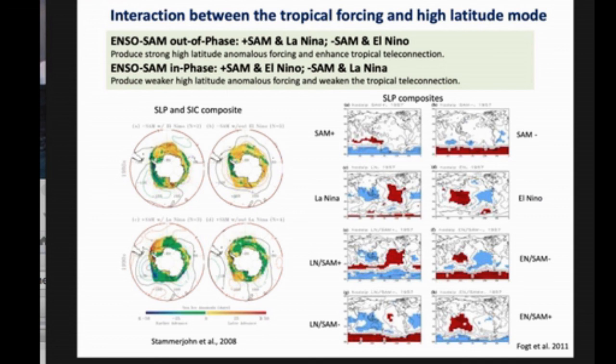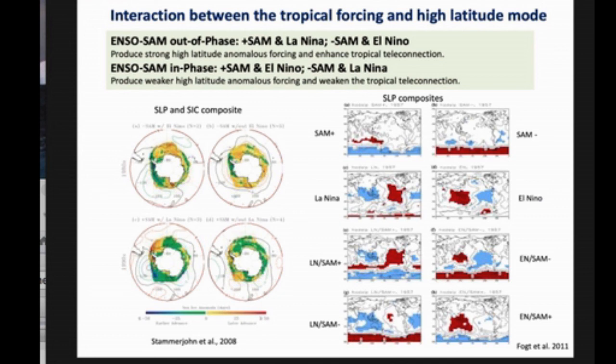And in 2008, Stammer John, also one of our students, has this study using much shorter records, fewer cases, but she found the same pattern. The SAM positive with La Nina, she has 3 cases that produce the strongest Amundsen Sea Low there. And the reverse, positive SAM without La Nina: if you do without an El Nino remote forcing, this low doesn't really appear.